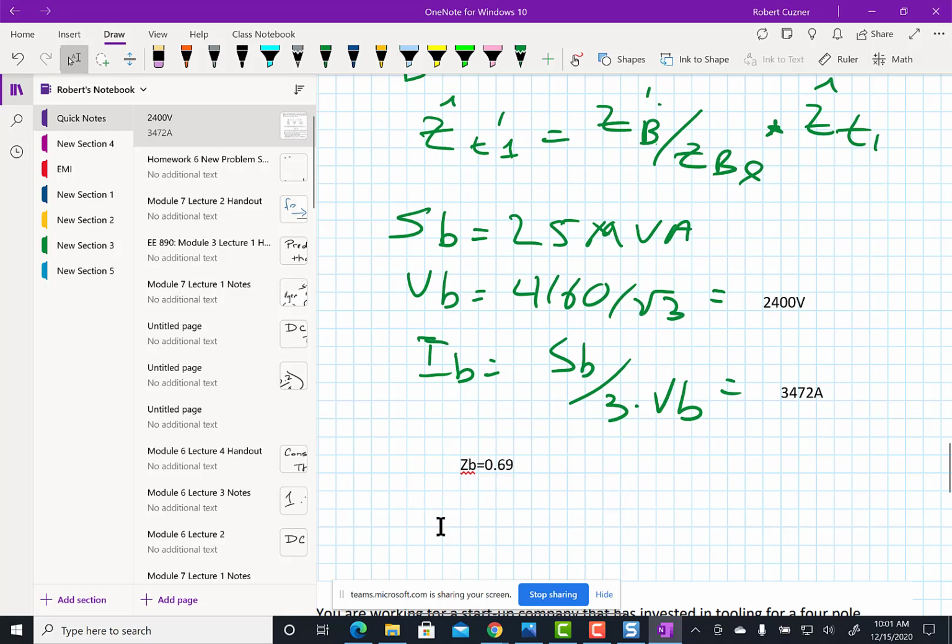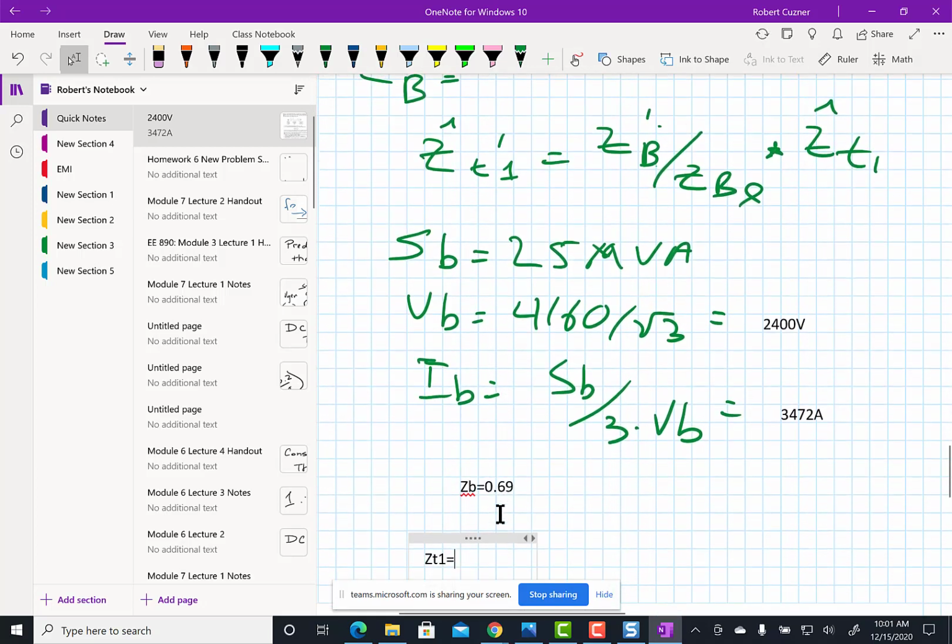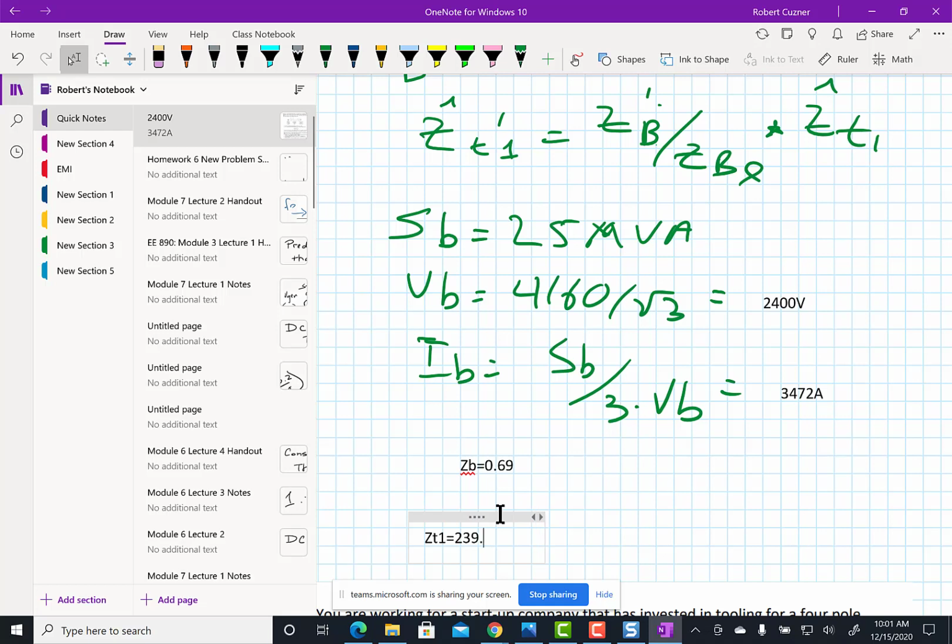Now, the ZT1 is going to be equal to 239.4 times the ratio of 0.69 divided by 12, so it's really small, by the 11.97 e to the 3.